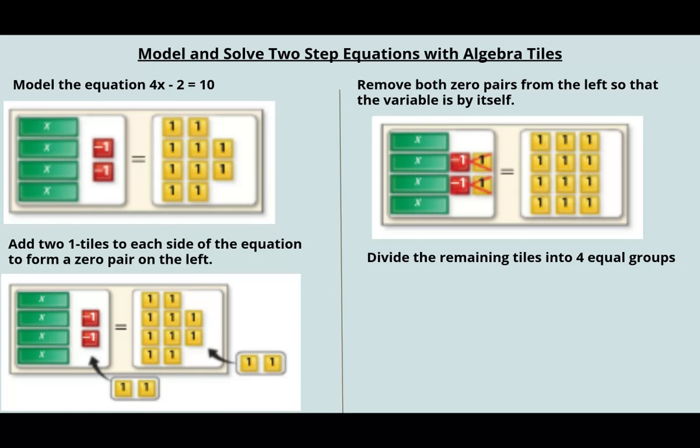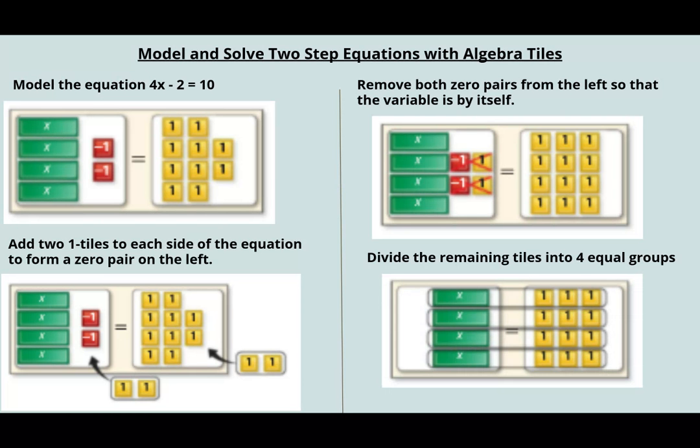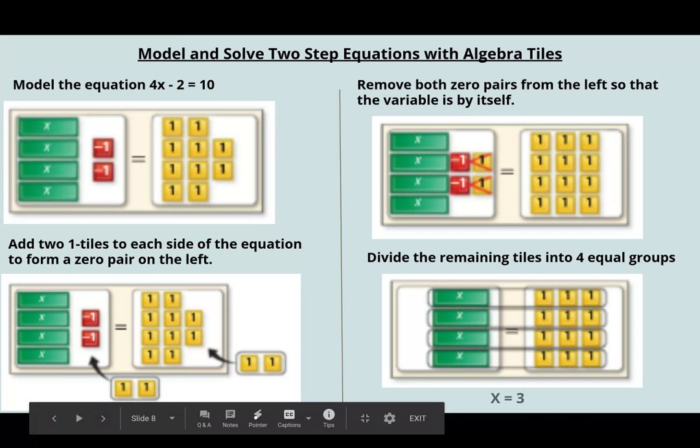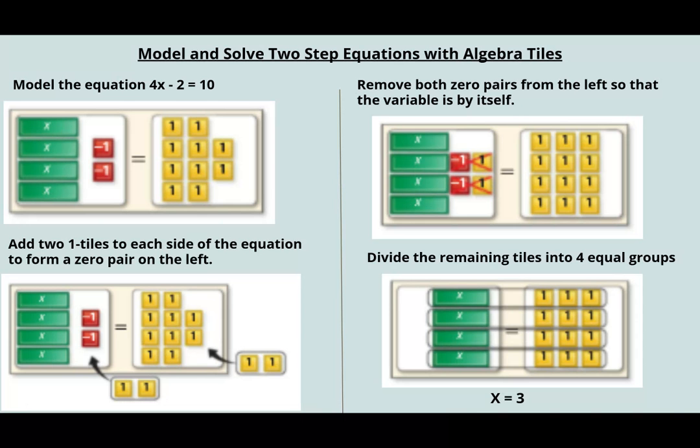Why 4 groups? Because there are 4 x's, and I want to figure out how much 1 x is worth. When we group them, you'll see that each x tile can fit 3 of those positive tiles inside. So the value of x is 3. We've just solved this equation.